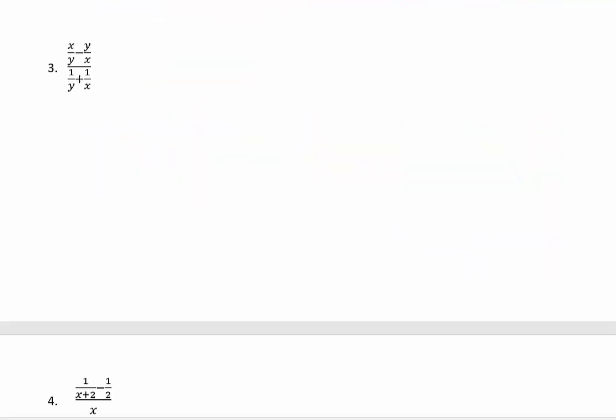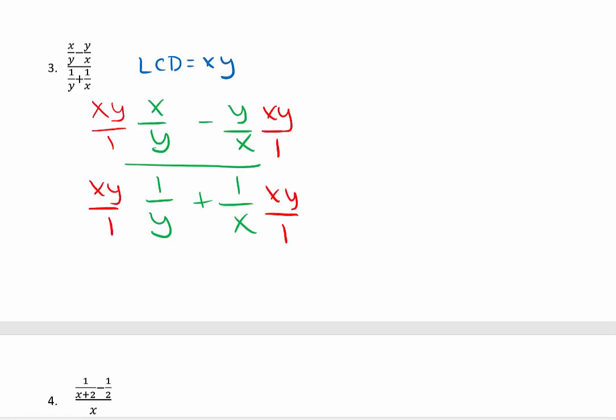Example 3. Now I have denominators of y and x, and so my LCD is xy. So I'm going to multiply every single term by that LCD xy. In the numerator, first term the y's cancel, second term the x's cancel, and we're left with x squared minus y squared.